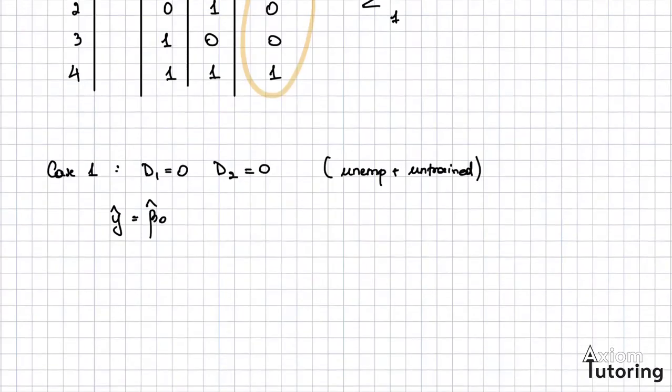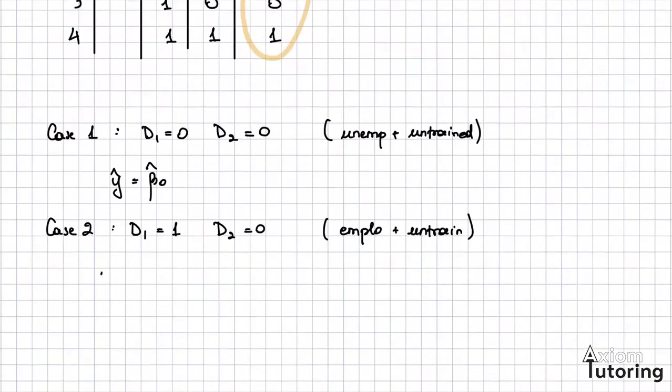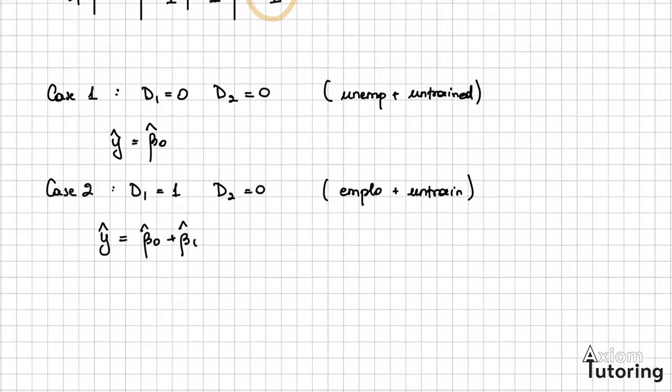Okay. Case 2, you will have D1, let's say, equals 1, and D2 still equals 0, which means you're looking at the employed, but still untrained subgroup. In this case, your y hat is going to be simply beta 0 hat plus beta 1 hat. Then case 3.